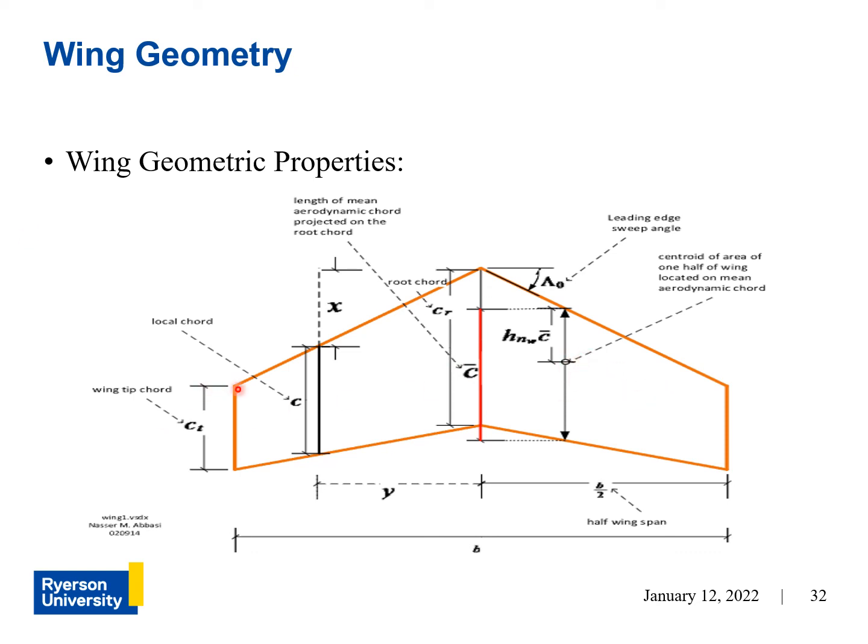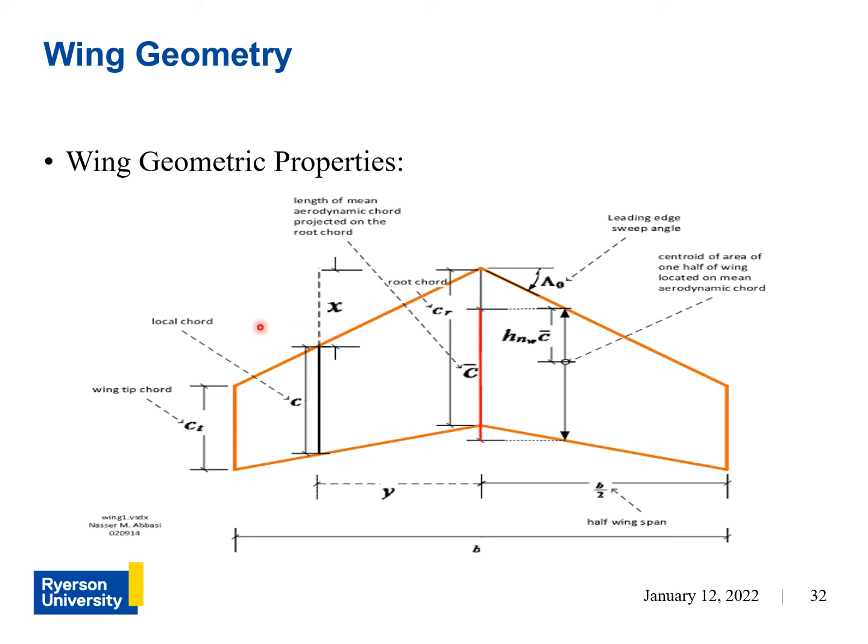Now, as you can see, the chord along the reference wing changes as you move along the span. The chord at the tip is known as the wingtip chord, and the chord at the root is known as the root chord. Chord distance is denoted by lowercase c with the appropriate subscript.